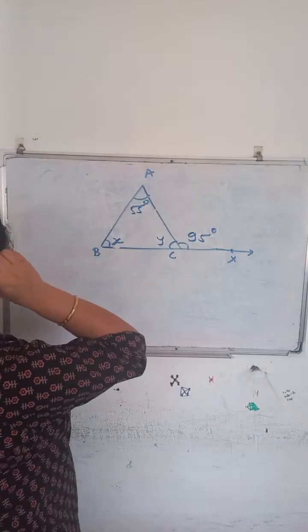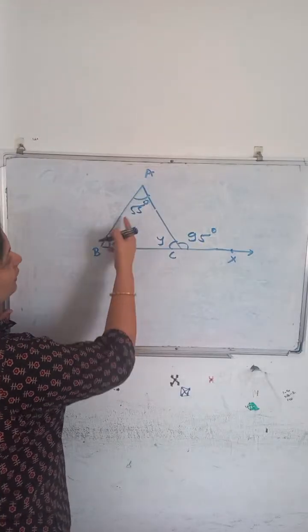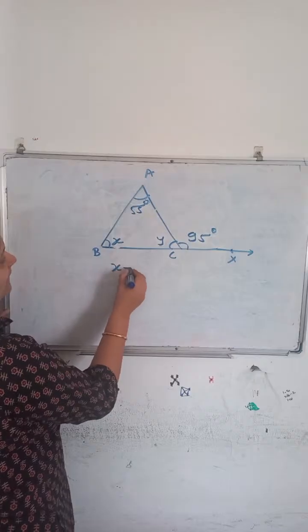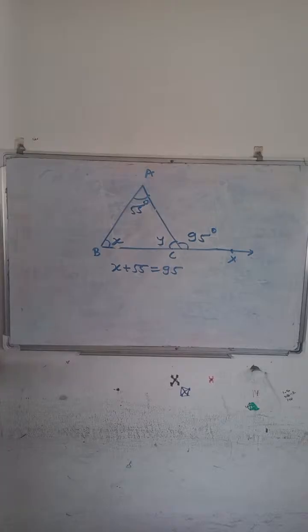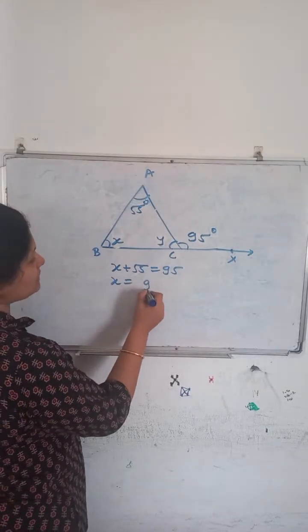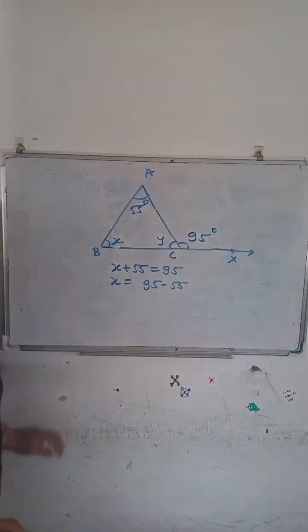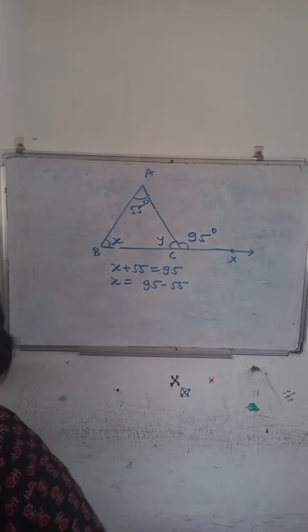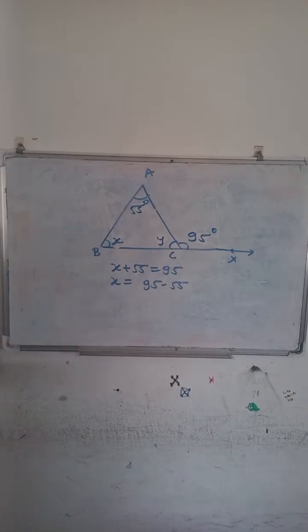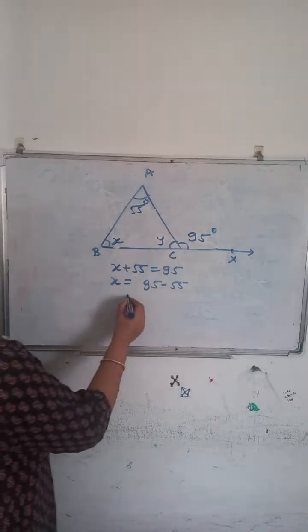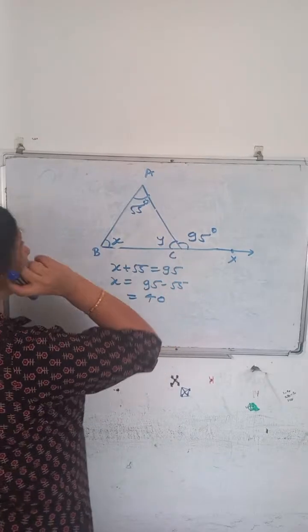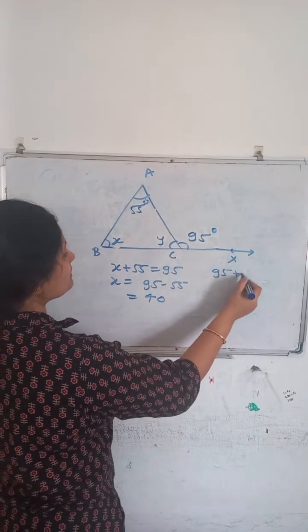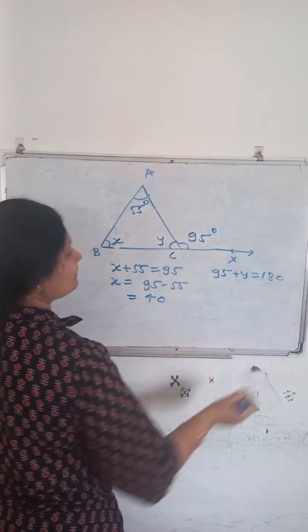If we want to calculate x, can I write x plus 55 is equal to 95, because of the exterior angle sum property? So x is 95 minus 55, which is 40. And if I want y, then 95 plus y are in a linear pair and their sum is 180.